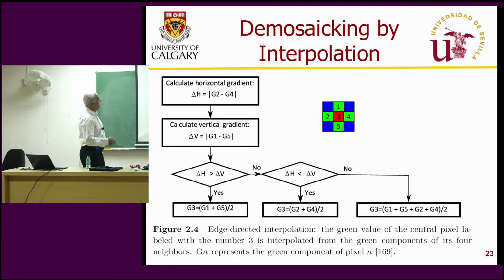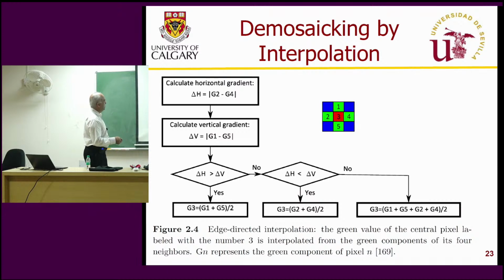To get the green and blue components for number 3, there are some demosaicing algorithms. This is one of them, that says get the horizontal gradient, delta H is G2 minus G4. Get the vertical, G1 minus G5.